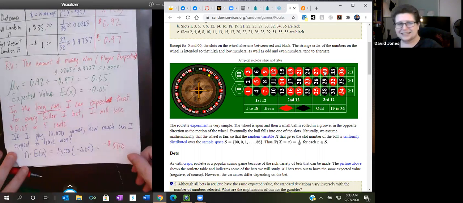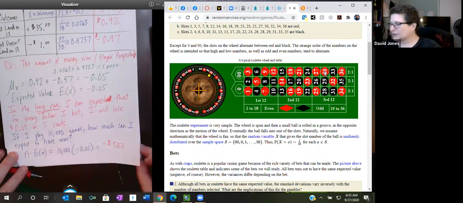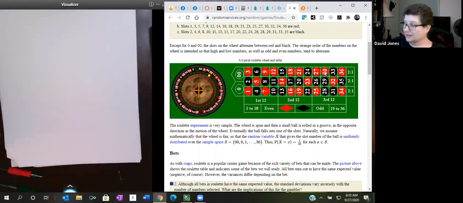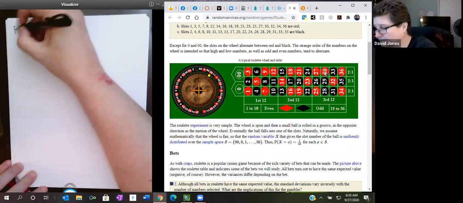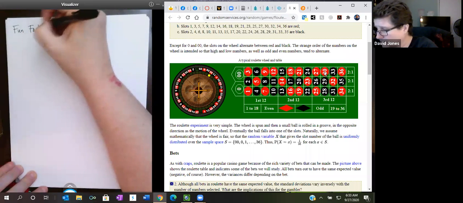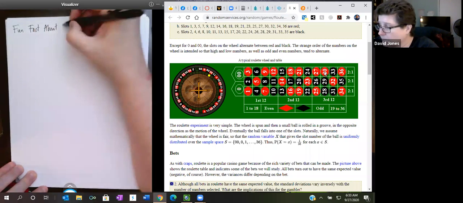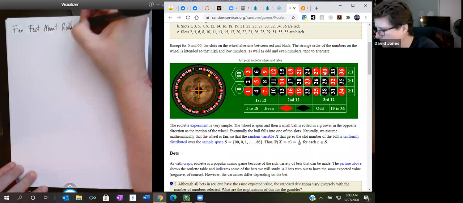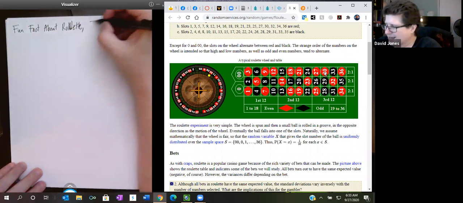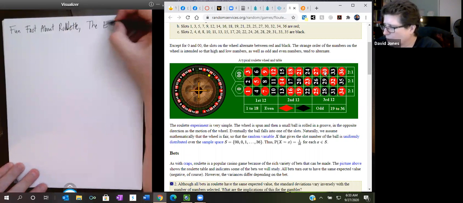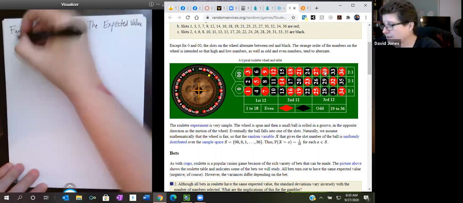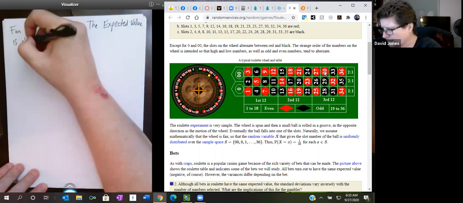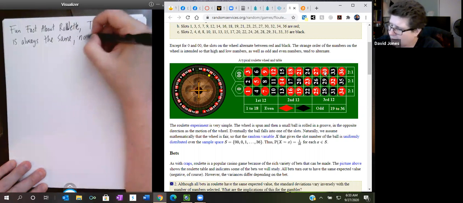Now, this is an interesting thing. If you look up roulette, the fun fact about roulette is the expected value is always the same, no matter how you bet.